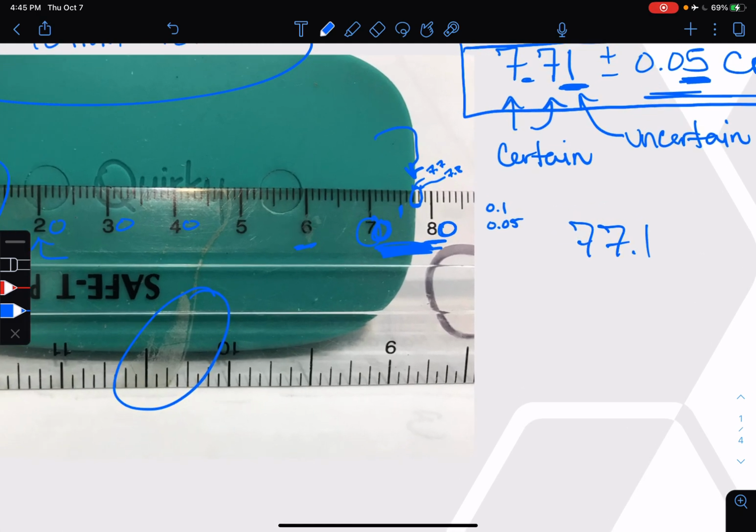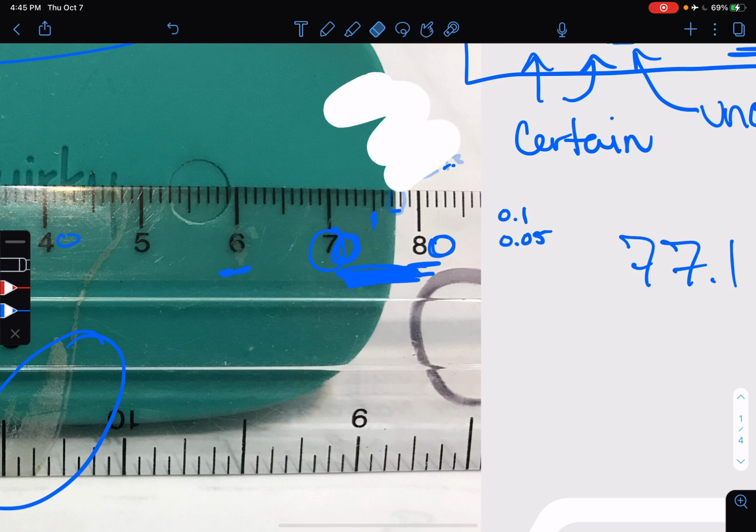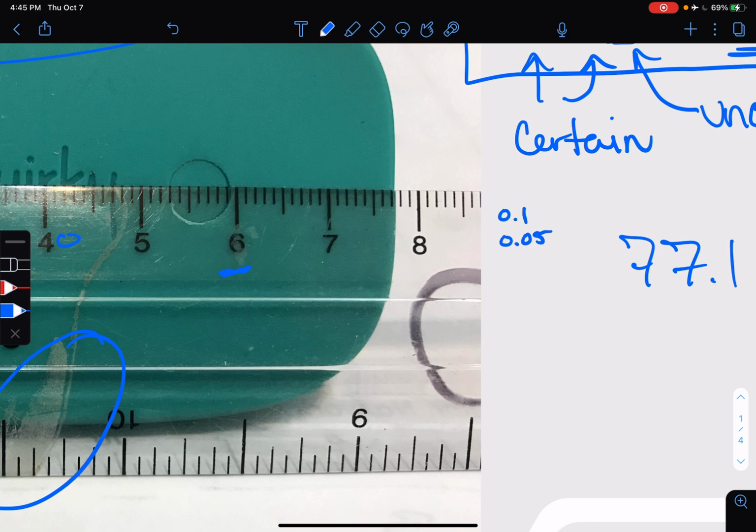So what happens is that this right here, it's no longer 7.5, now that's 75. And that right there is 76. And right there is 77. And right there is 78.